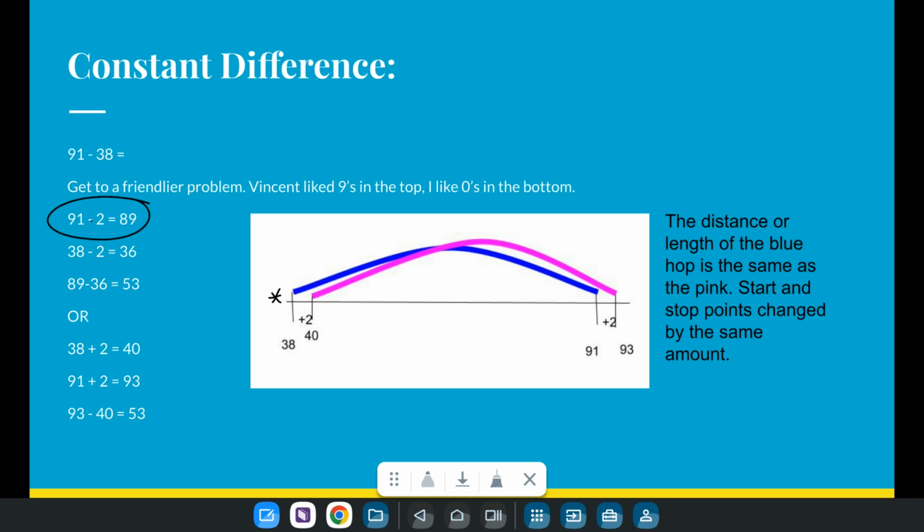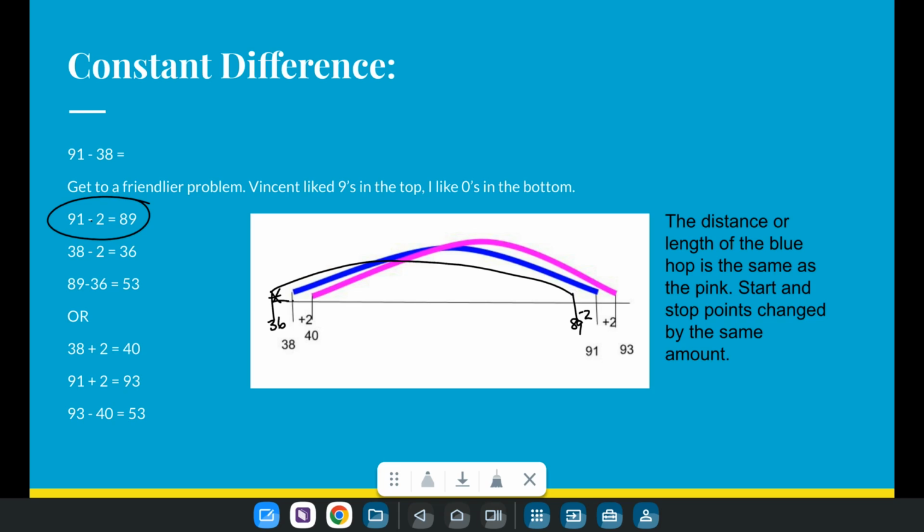And he understood that if I adjust down 2 to get 89, and I adjust 38 down to get 36, that I haven't changed the distance. I haven't changed the space between those two numbers.